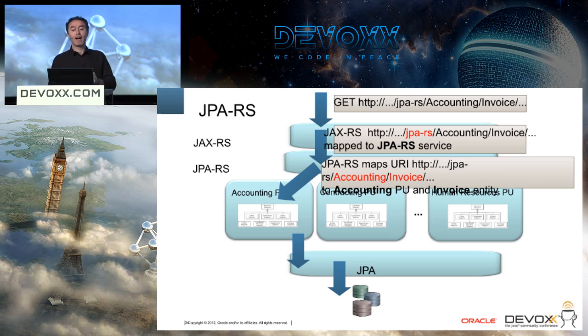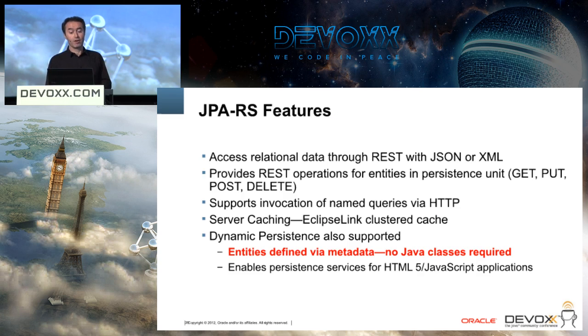JAX-RS understands, you've bound JPA-RS to this certain path, so all requests to the certain root URI will come into JPA-RS. From there, we take it down to the right persistence unit, to the right beans, let you find the object you're working with, or look for it, read it, and pass it back for you. So you don't actually write any code. So all that code you have to write is gone.